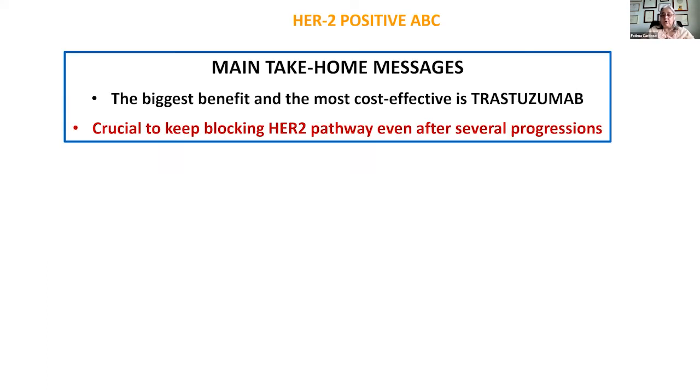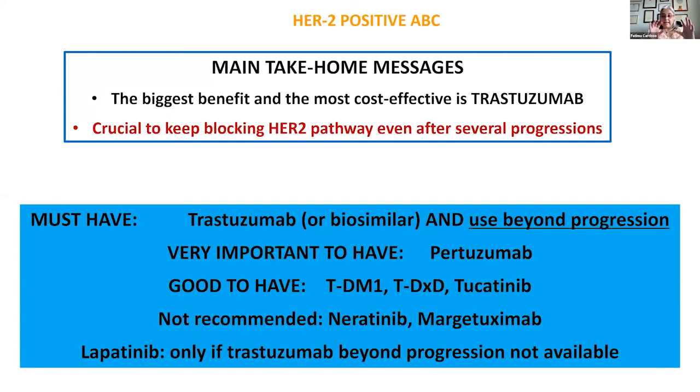But the main take-home message for this subtype is that the biggest benefit and the most cost-effective agent is trastuzumab, and that we need to be able to keep blocking the pathway until we have available options. So I summarize like this so that if you have to advocate in your country, you know what you should ask.